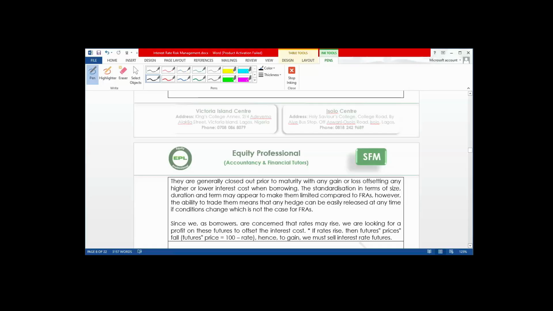If interest rates rise, value of futures will fall. Then the company buys back at a reduced price, thereby making profits on futures. This profit will be used to reduce the increase in interest cost.